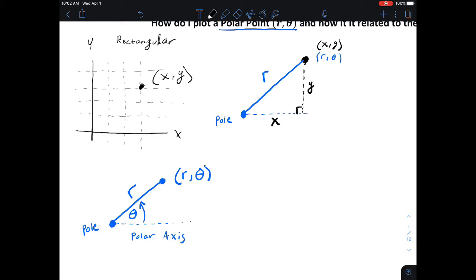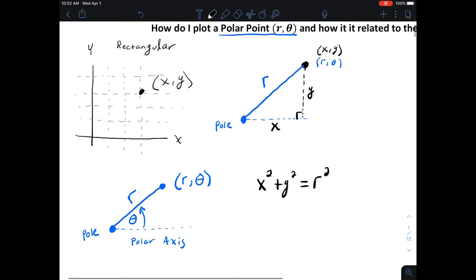So I have this right triangle here. Now, the Pythagorean theorem will allow us to relate the three sides of the triangle together, which allows me to say that x squared plus y squared is equal to r squared. That's how I find r for the polar point if I was given the Cartesian, or rectangular, point. Now, we also have theta that would go in here, the angle of rotation off the polar axis.